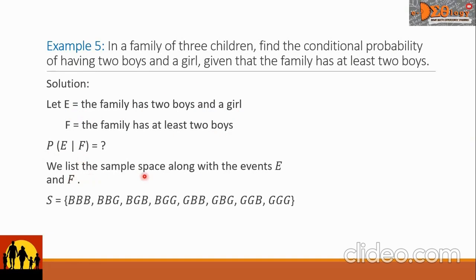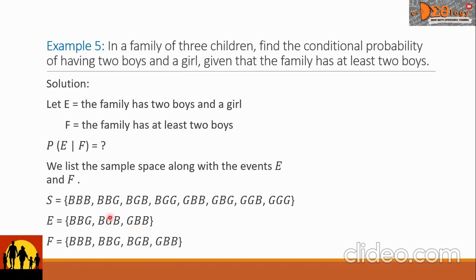We list now the sample space along with the events E and F. For our sample space, we have here 1, 2, 3, 4, 5, 6, 7, 8 sample points. Then for our E, we have 3 elements, and these are BBG, BGB, and GBB.